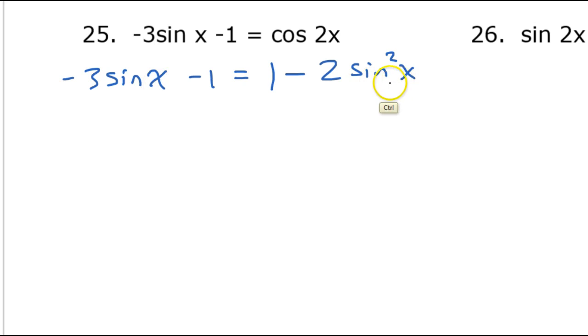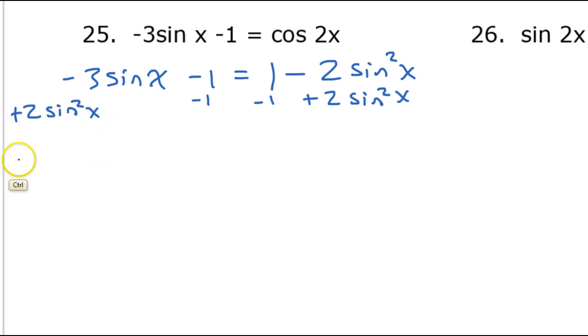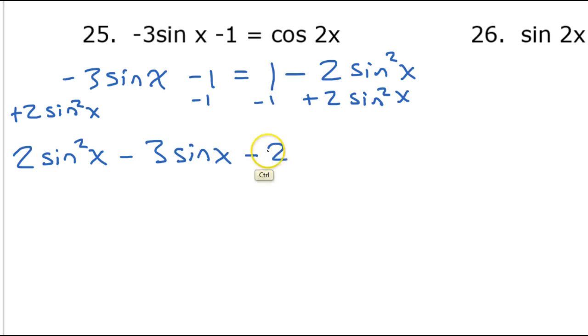Great, now it's all sine. So I'm going to subtract 1 from both sides, and add 2 sine squared to both sides. That gives me 2 sine squared minus 3 sine minus 2, combining my like terms, is equal to 0.